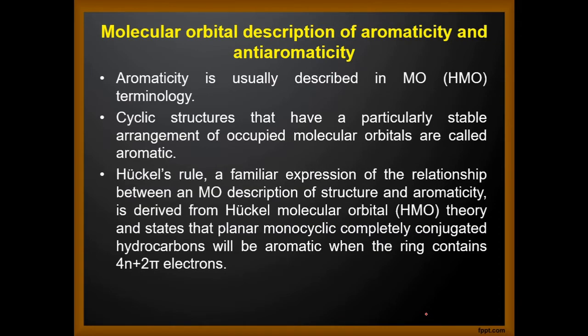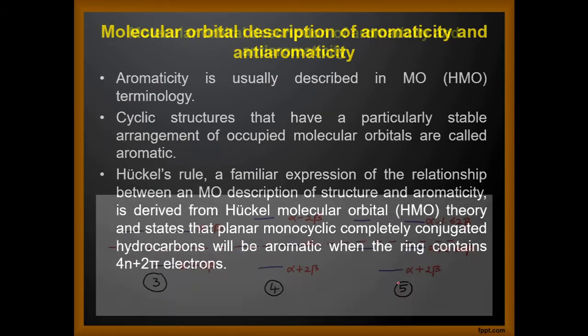Hückel's rule, a familiar expression of the relationship between a molecular orbital description of structure and aromaticity, is derived from Hückel molecular orbital theory and states that planar monocyclic completely conjugated hydrocarbons will be aromatic when the ring contains 4n plus 2 pi electrons.